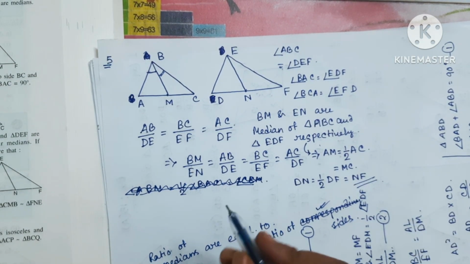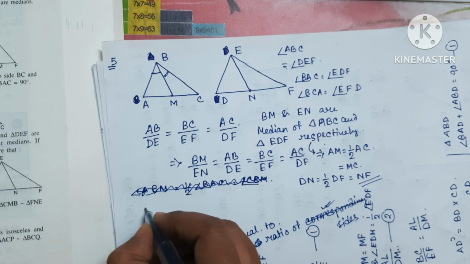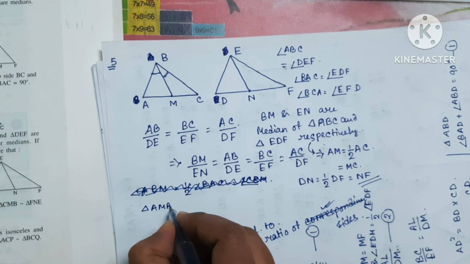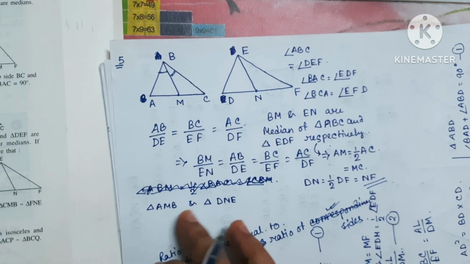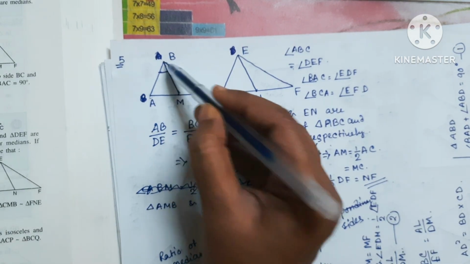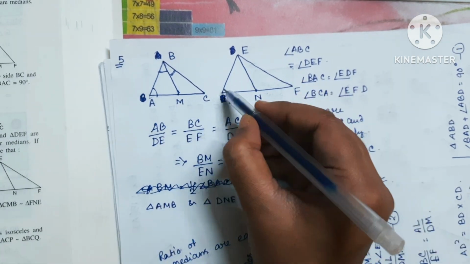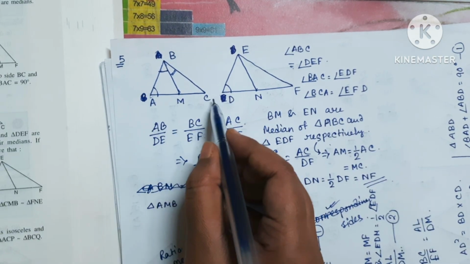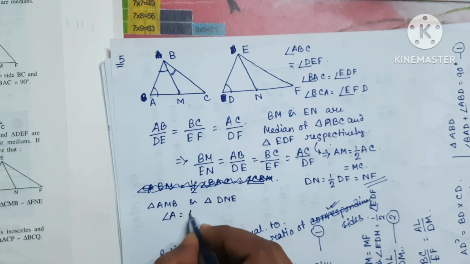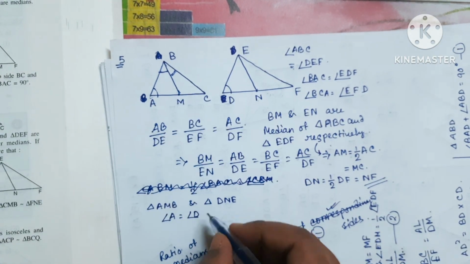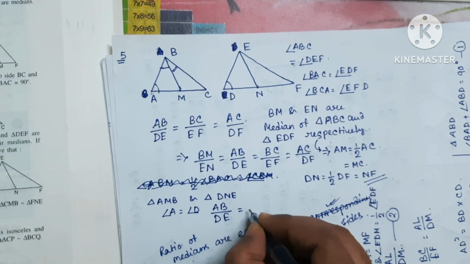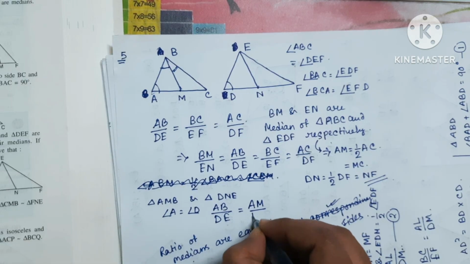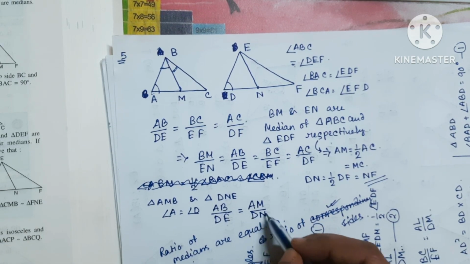Now see, you have to prove that these two triangles, AMB and DNE, are similar. In the case of these two triangles, this one and that one, angle A and angle D are two equal angles. Angle A is equal to angle D, and AB by DE is equal to AM by DN. Why AM by DN?